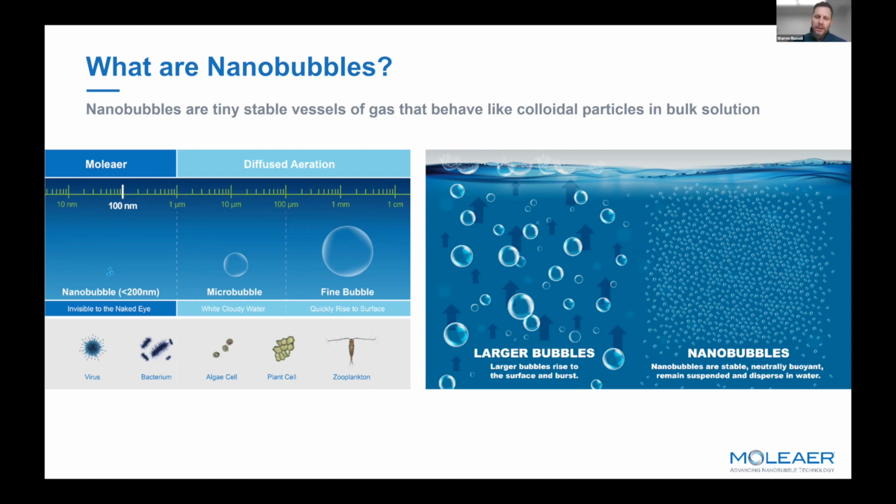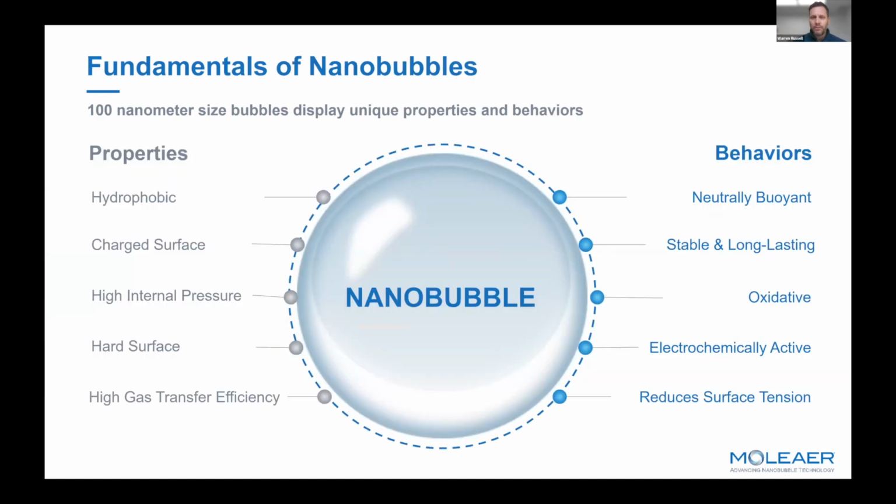What's unique about nanobubbles is that they can be stable in solution, in essence mimicking the properties of a colloidal particle, rather than how we conventionally think about a bubble, which is produced and rising out of the column of water. This is, by comparison, much more similar to a particle that's stable in solution that moves around randomly because of their electrochemically charged surface.